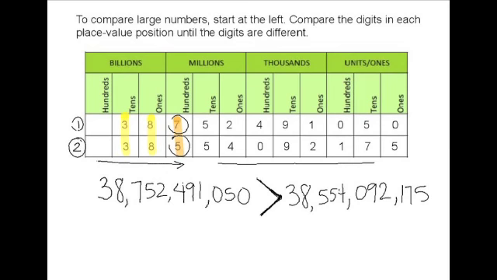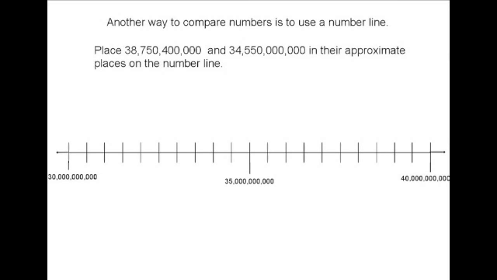There's another way to compare numbers besides using a place value chart, and that is to use a number line. So we're going to place these two numbers on our number line to figure out which one is larger. So on my number line, I start with 30 billion. In the middle is 35 billion, and on the far right is 40 billion.